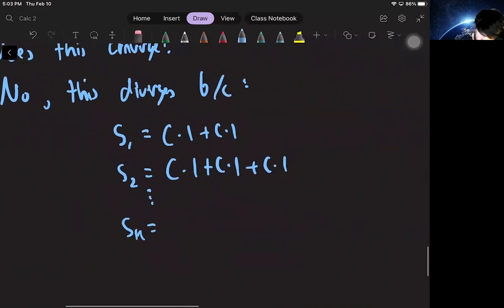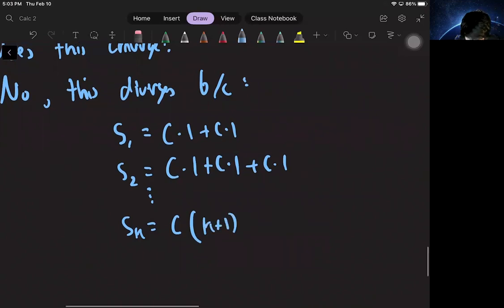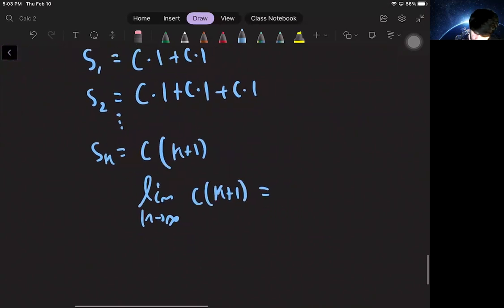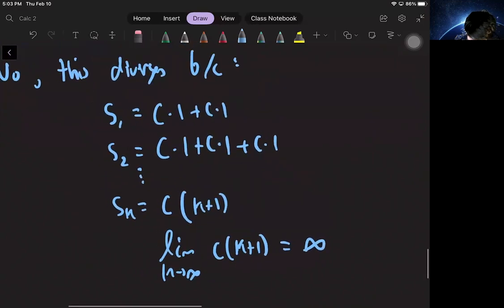Well, it would just be c times, so how many 1s are there? There's always one more, k plus 1. But then if I took this limit as k goes to infinity, well, there's nothing on the denominator to make this shrink to a number. So it's just going to grow and grow because k gets very big. It's going to go to infinity.